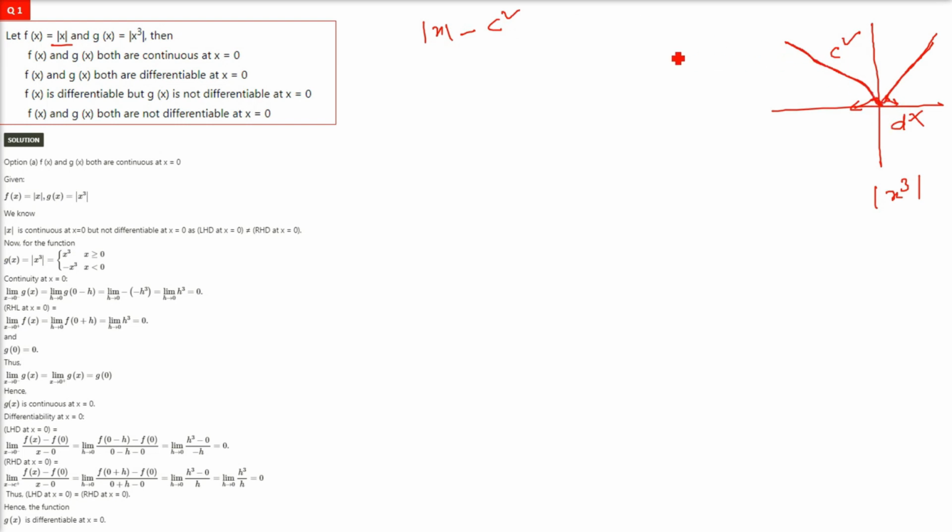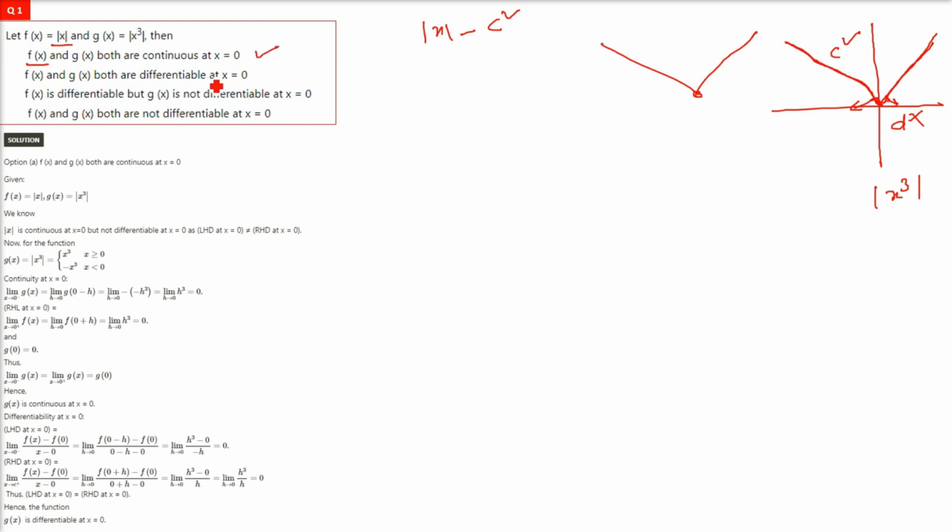By graph also I showed you why it is continuous and why it is not differentiable. The sharp edge means that differentiability may not be there, but still we have to check with all the formulas and expressions.